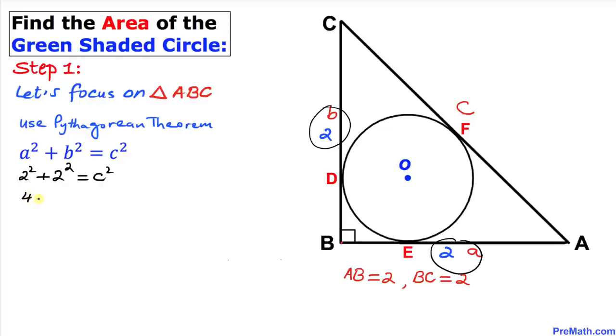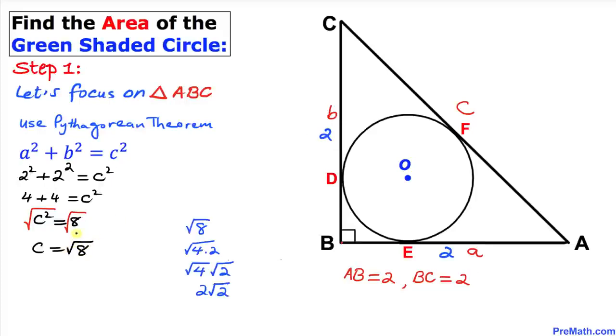So 2 square is 4 plus 4 equal to c square, so c square is going to give us 8. Let's take the square root on both sides to undo this square, so c is going to be simply square root of 8. And now you can see this square root of 8, I have just copied it down and simplified it, and the reduced and simplified form is going to be 2 times square root of 2.